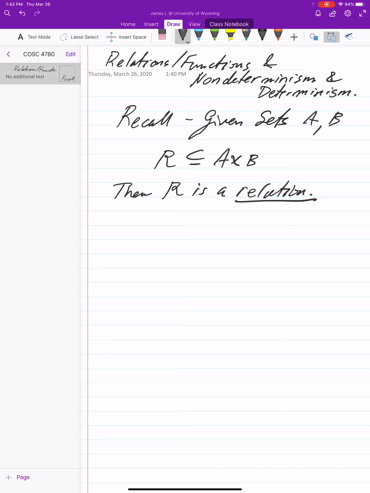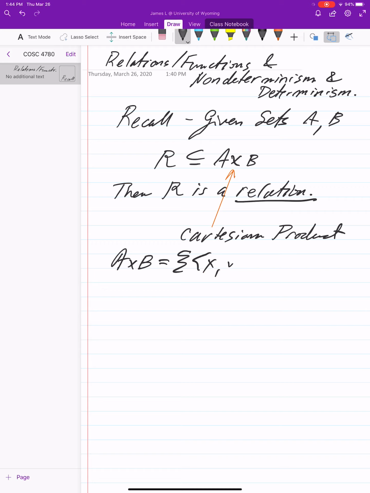And remember that this is the Cartesian product, and it's defined as the set of pairs x, y such that x is in A and y is in B.